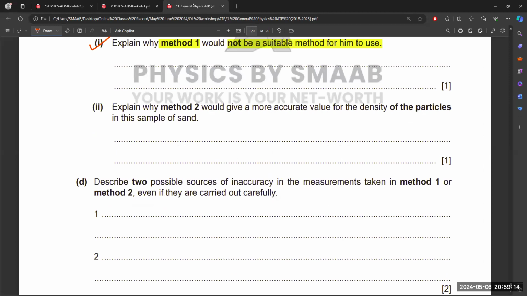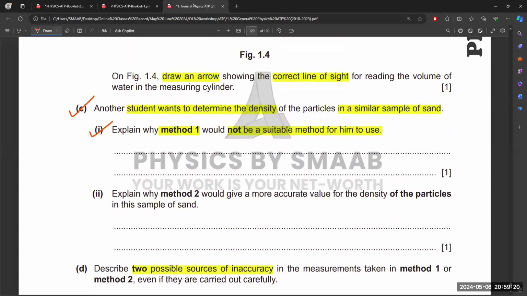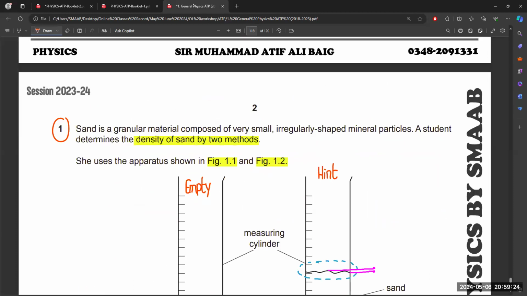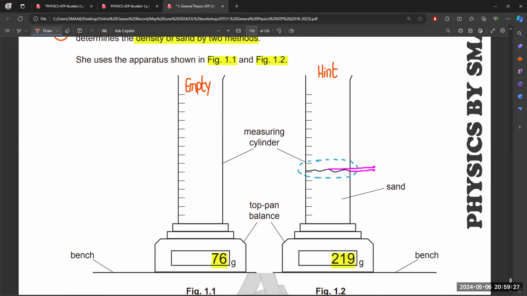Okay, so they are also asking about two possible sources of inaccuracy. Okay. And any other idea in your mind related to the first diagram, why the first method is not suitable?